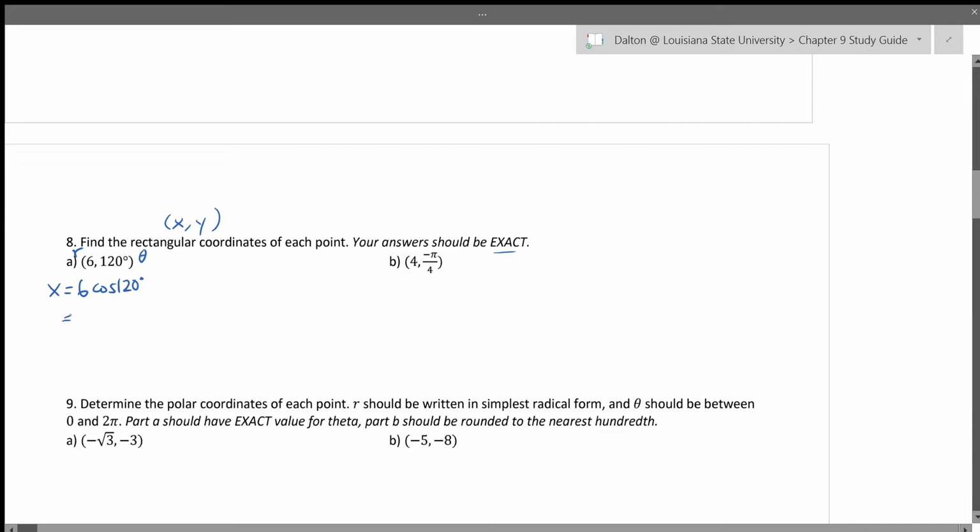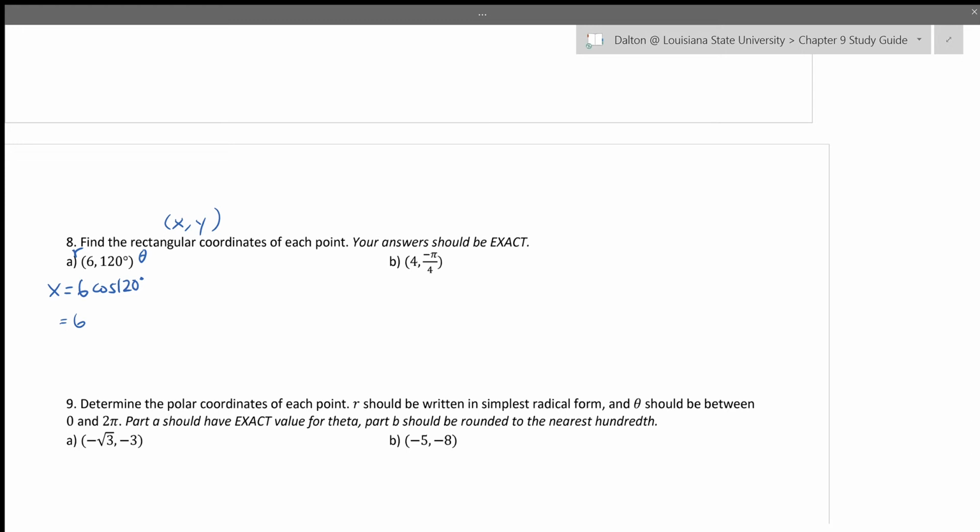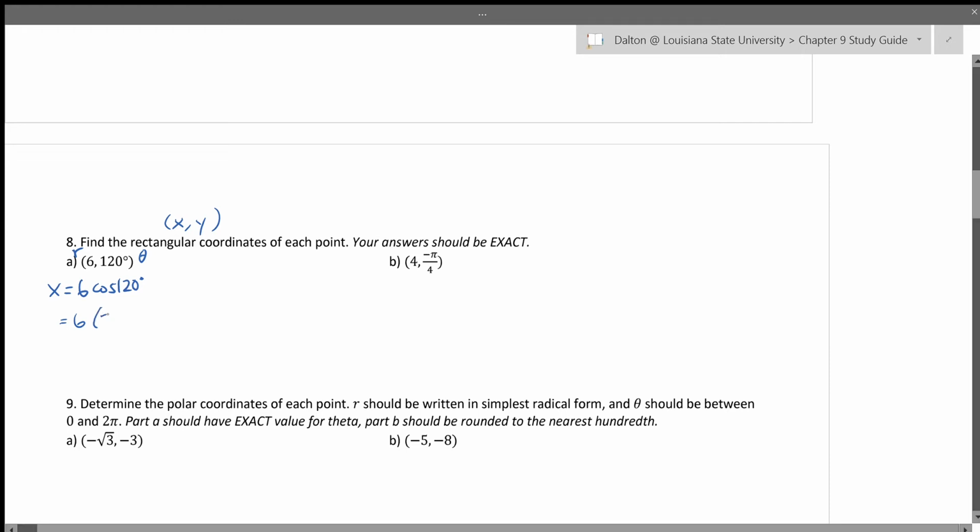So then this is going to be 6 times the cosine of 120. This is again where the benefit of using your unit circle comes into play. If you just look at your unit circle, cosine is the x value at 120 degrees, which is going to be negative 1/2. So then 6 times negative 1/2 is negative 3. So x is equal to negative 3.